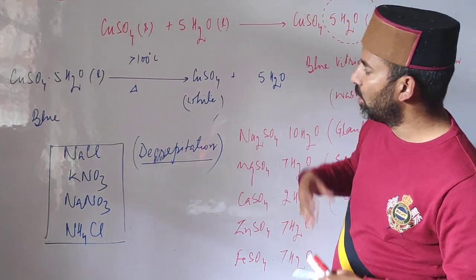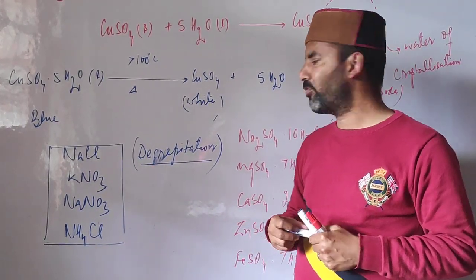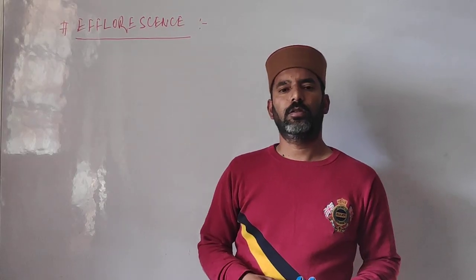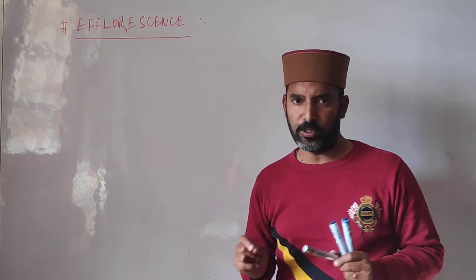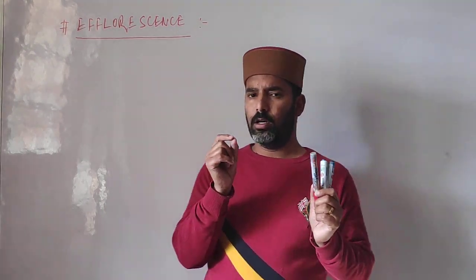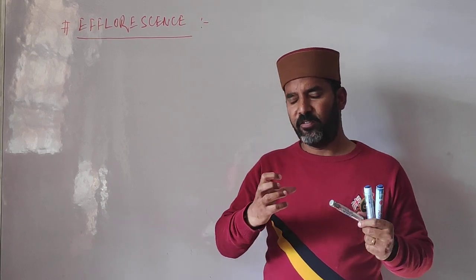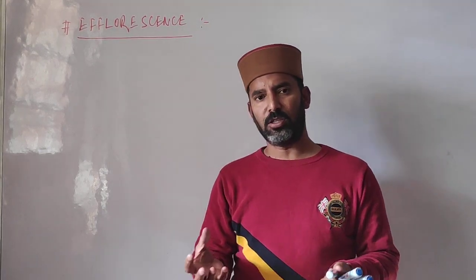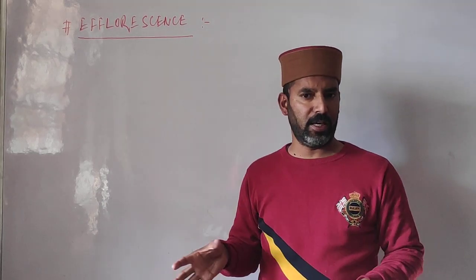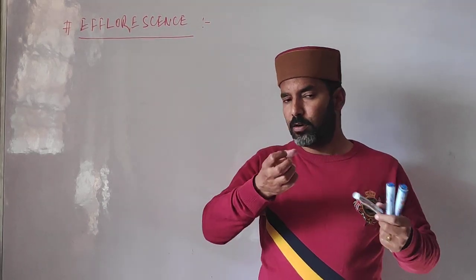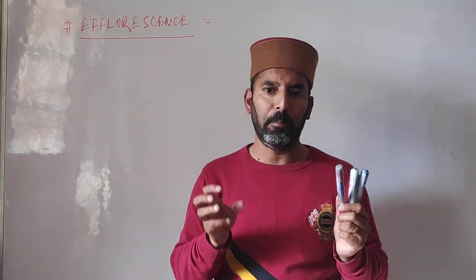So students, now we'll move on to the next property of salts, which is called efflorescence. First we will understand what efflorescence is. What happens in efflorescence is that when we expose some crystals or some salts to, say, atmospheric air, they lose water of crystallization either completely or partly.